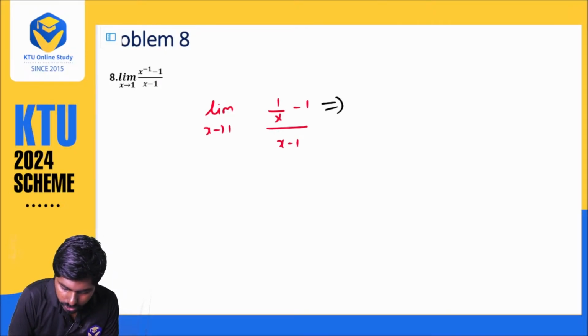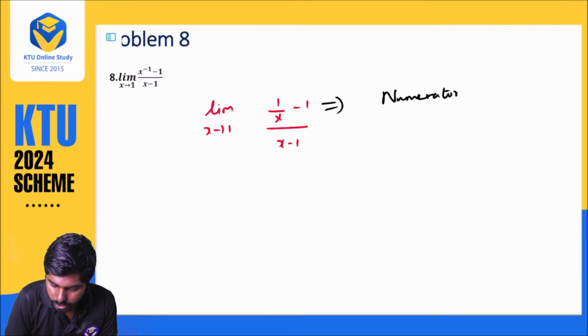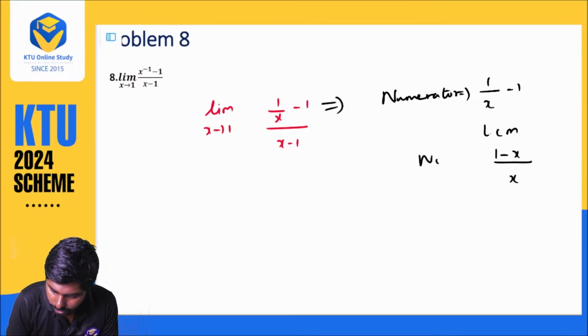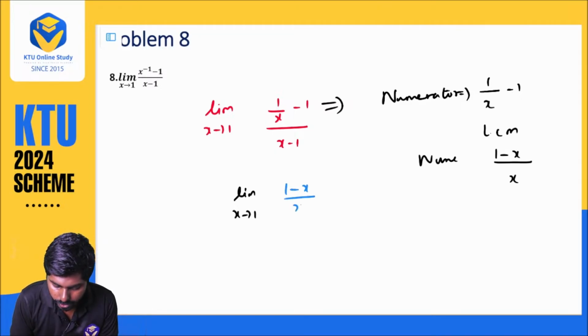In the numerator we do the simplification using LCM: 1 by x minus 1. When you do the LCM we get (1 minus x) divided by x. So the numerator is 1 minus x divided by x, divided by x minus 1.